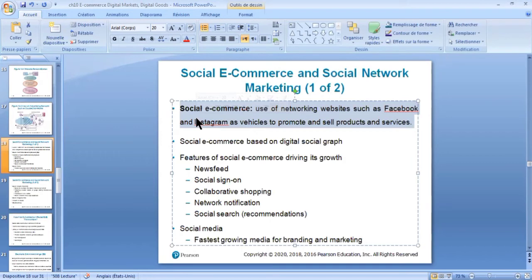Here by social e-commerce we mean using social networks as vehicles to promote and to sell your products and your services. The success of social e-commerce is generally measured how?